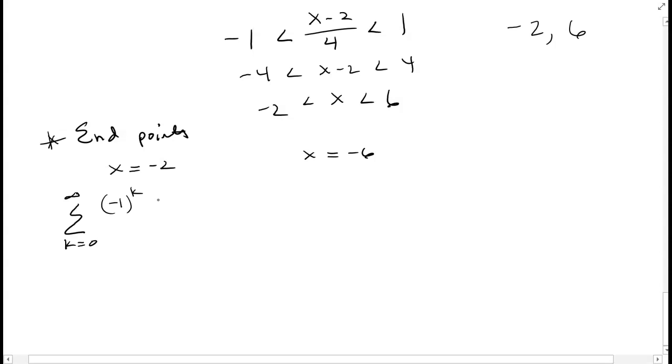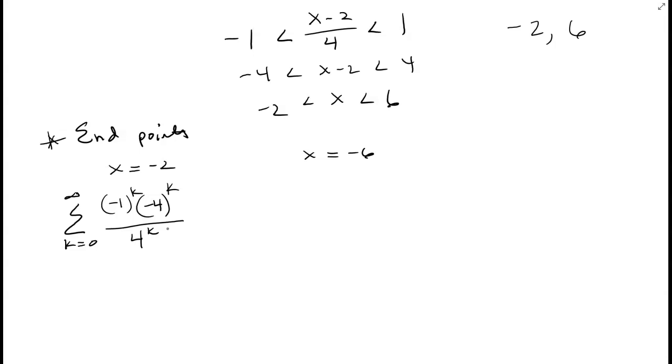Negative 2 minus 2 is negative 4 to the k over 4 to the k. Well, I want you to think through that one for a second, because the k values here and here are the same. So that's an important piece.